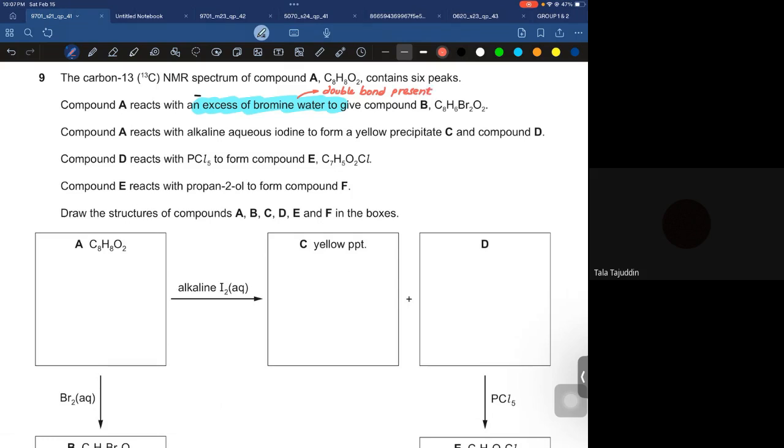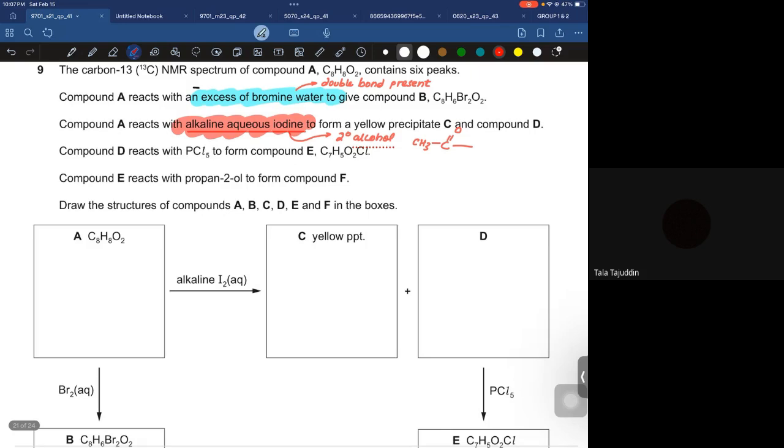Compound A reacts with alkaline aqueous iodine. So alkaline aqueous iodine means it may have a 2-degree alcohol, or it may have this group. It's indicating that basically.